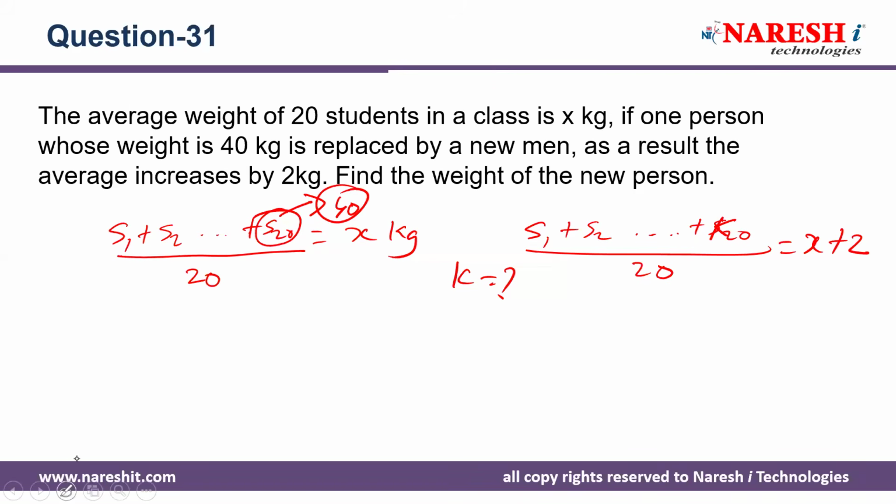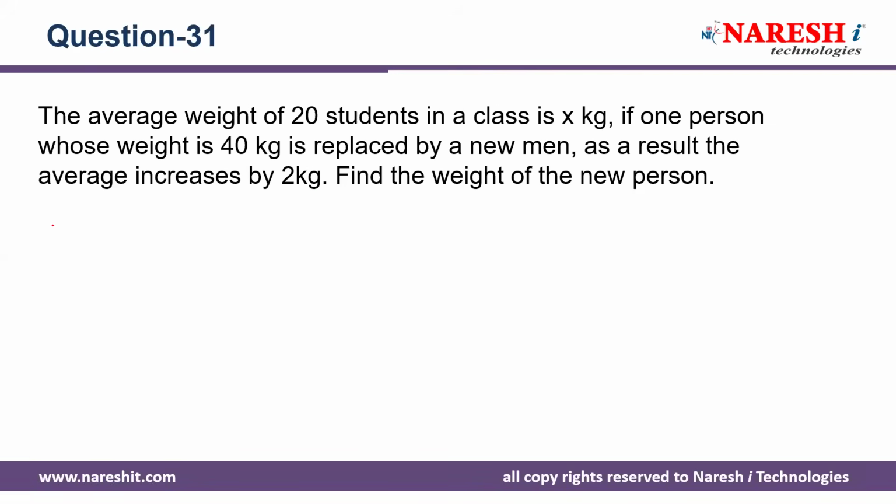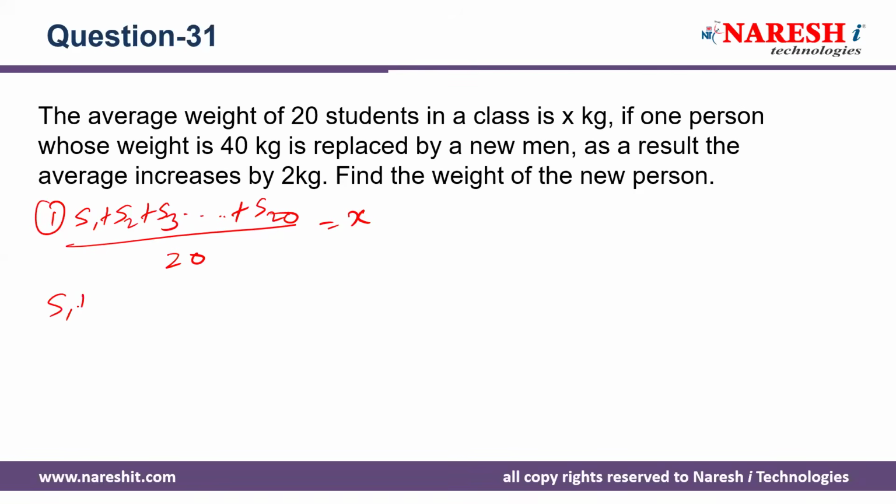First, the theoretical method. First equation: sum of the weight of all 20 people upon 20 students equal to x. From here, taking the denominator 20 to the right hand side, it will become 20x, the first equation.